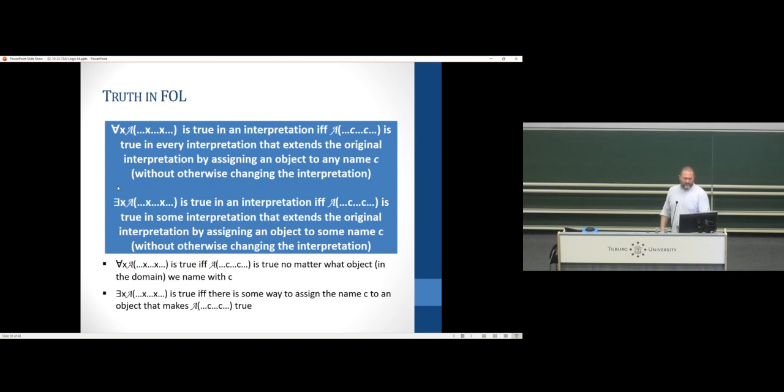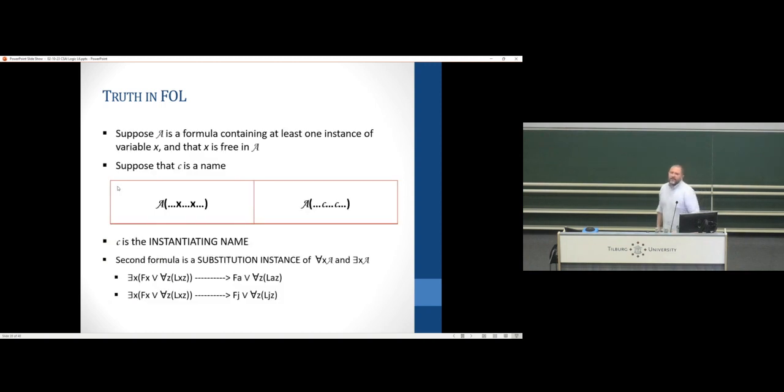So here's the slightly fancier technical description of this. If A is a formula containing at least one instance of variable X, and X is free in A, and C is a name, then we can substitute the name in place of the associated variable, and get what we'll call substitution instances.